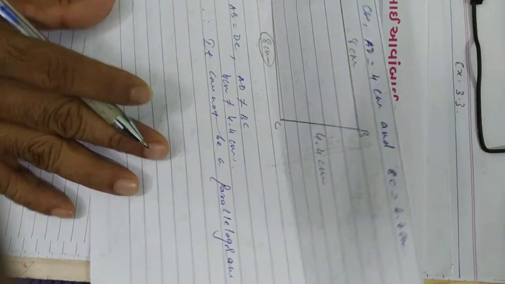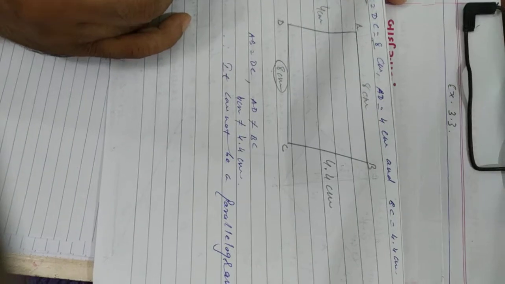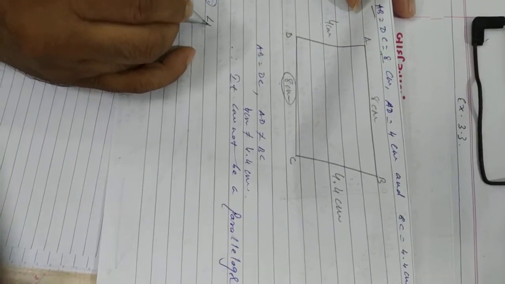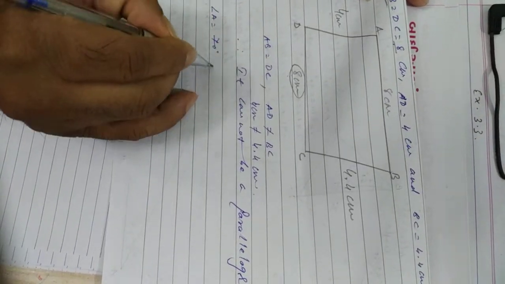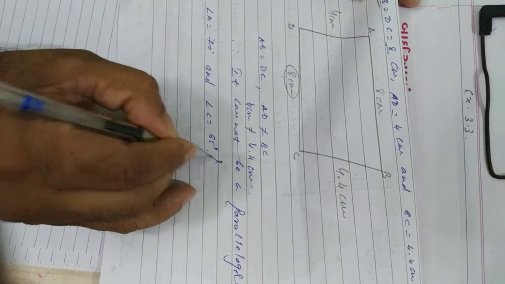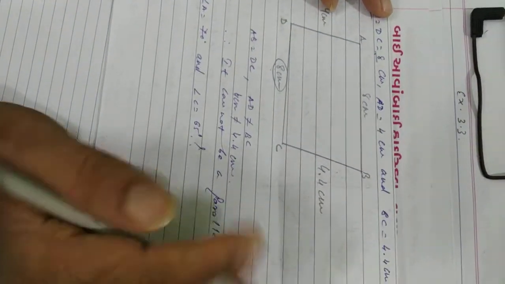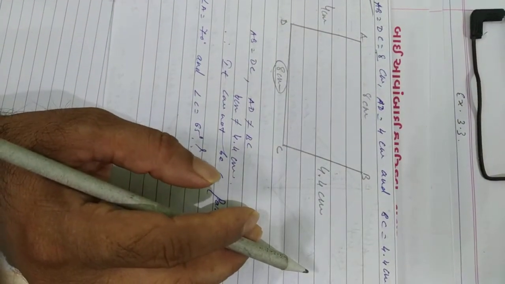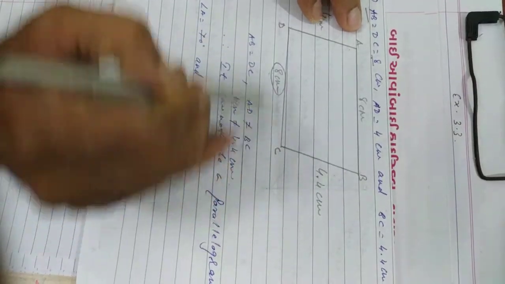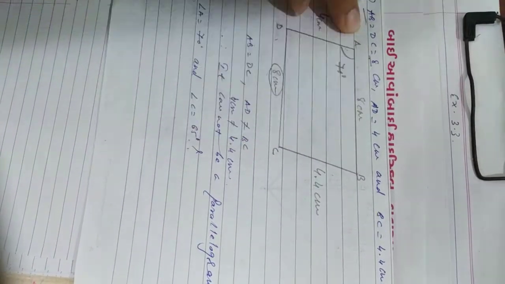Got it? Now let's go with the third condition in the same example. Angle A is equal to 70 degree and angle C is equal to 65 degree. Angle A and angle C may be in the given quadrilateral ABCD. Angle A is equal to 70 degree, right?